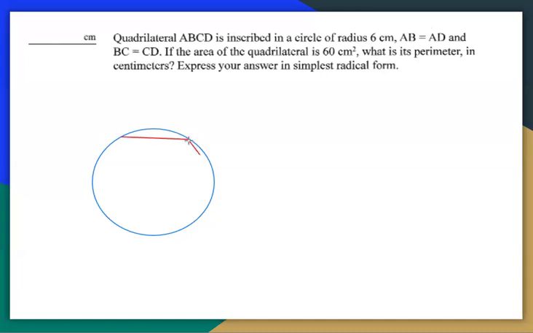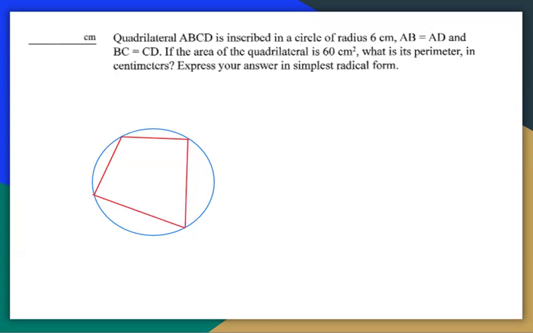So let's say this is AB and AD, and the other two should be equal. Let's assume it's going to be something like this.